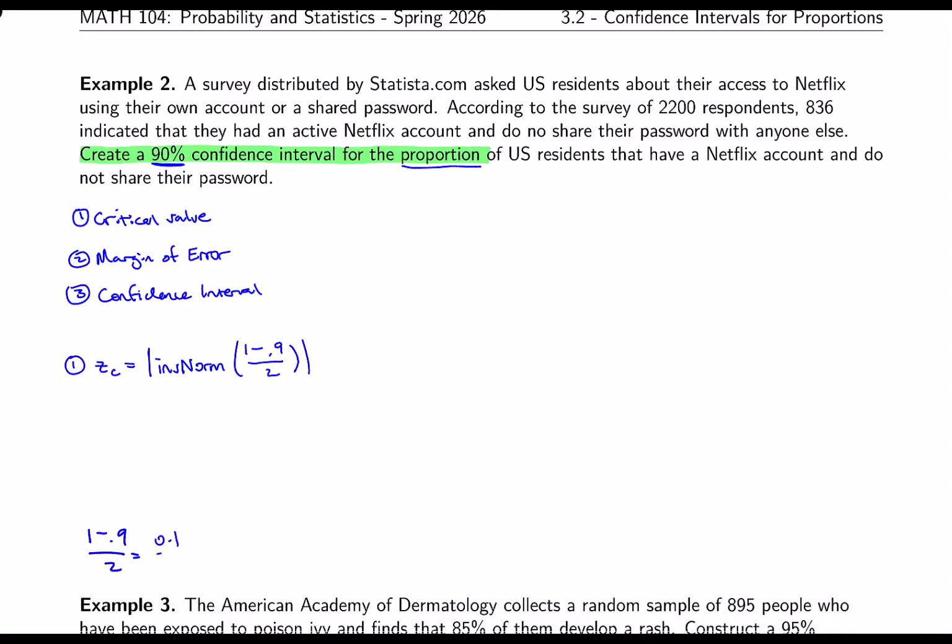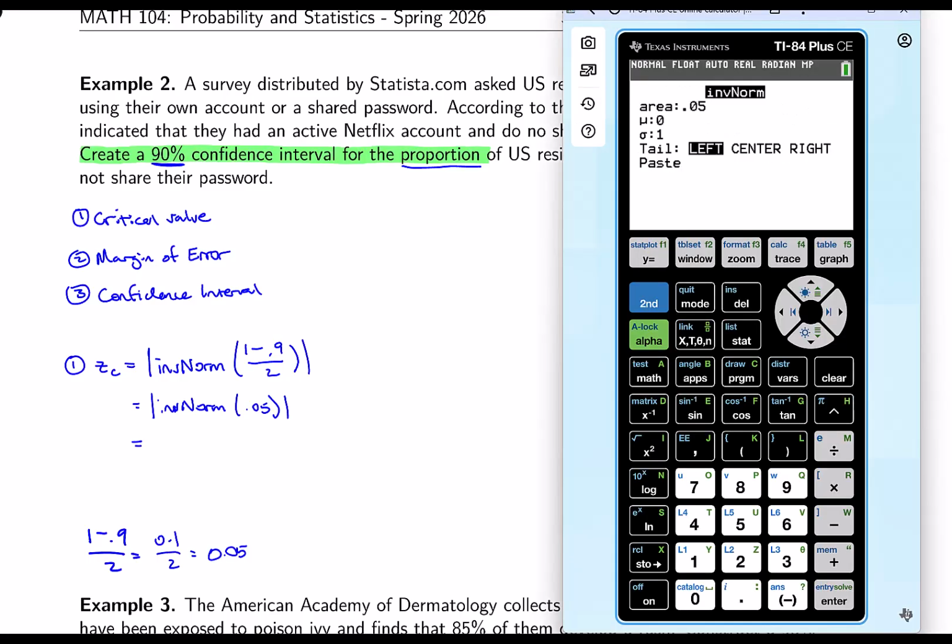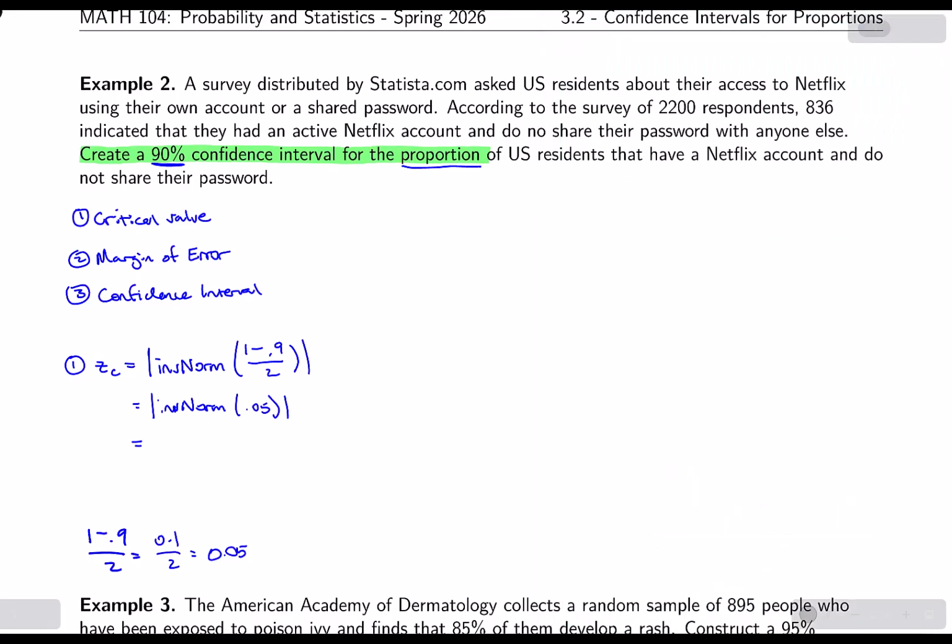So I am in fact doing absolute value, inverse norm, 0.05. Then this is on a standard normal distribution, so I'm leaving mean and standard deviation the same. Left tail oriented here because, like I said, not everybody has the option to change these. So paste that in. So negative 1.645. And then we take the absolute value and it becomes 1.645.